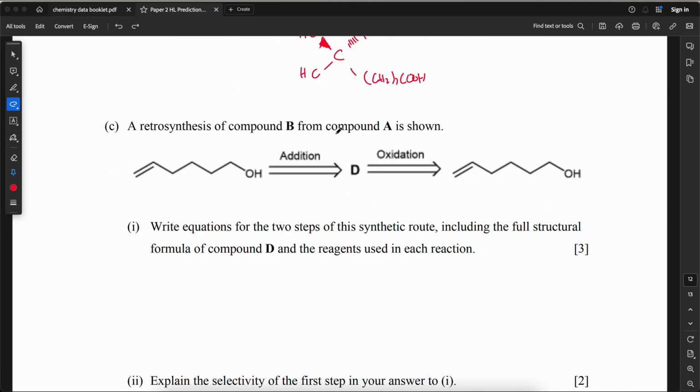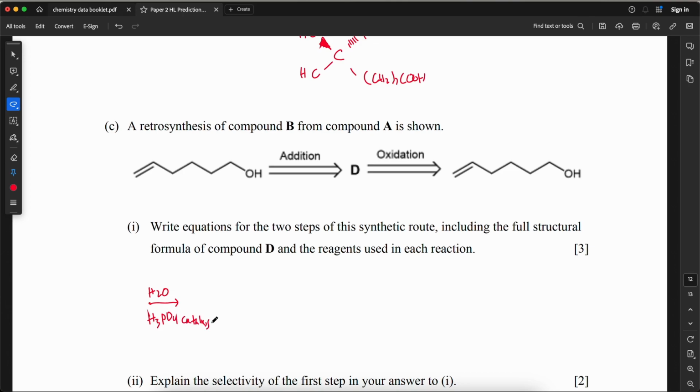The synthesis of compound B from compound A is shown. So this is the compound with an alkene, and through addition will produce compound D, and then will undergo oxidation. Write equations for the 2 steps of this synthetic route, including the full structural formula of compound D and the reagents used in each reaction. So the compound goes through addition with water, with phosphoric acid as a catalyst.